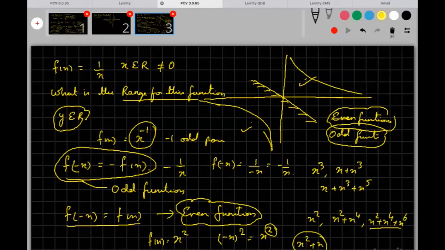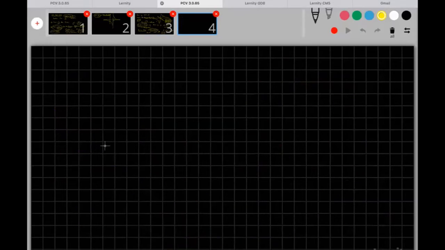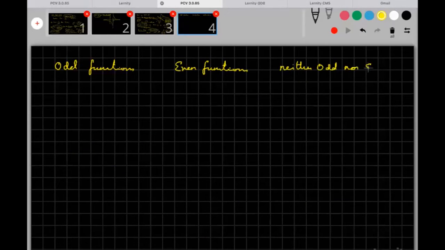So functions can be classified into odd functions, even functions, and neither odd nor even functions.